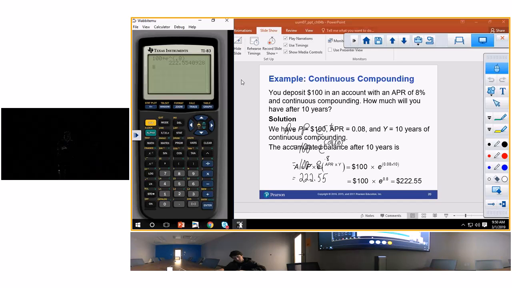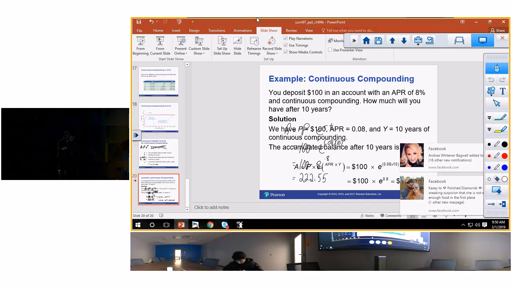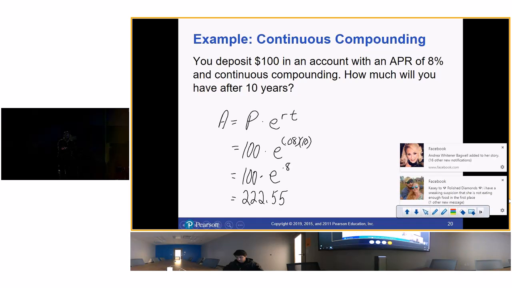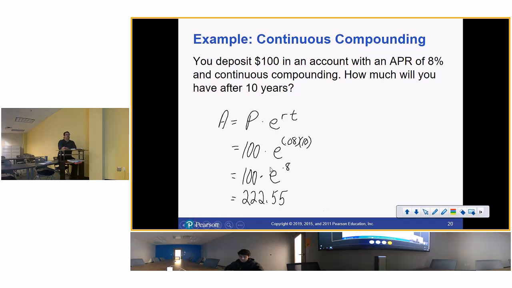So now I want y'all to do this. We did it with continuous, now do it with compounding. And let's say you only compound monthly.